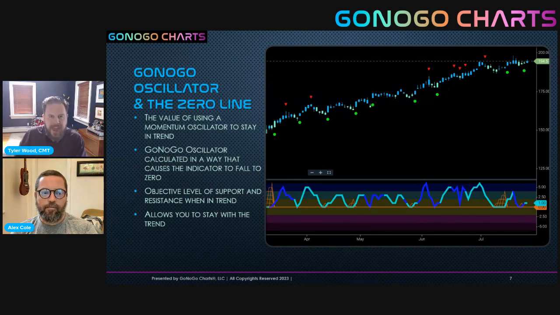So when we put that into a go-no-go context, what we're talking about in the oscillator is this objective zero line. Multiple momentum concepts in the background. When they are all in their neutral readings, we bring that to the zero line. So GoNoGo Oscillator is going to use that zero line for an objective level of support or resistance.